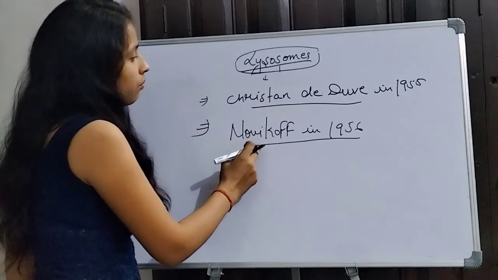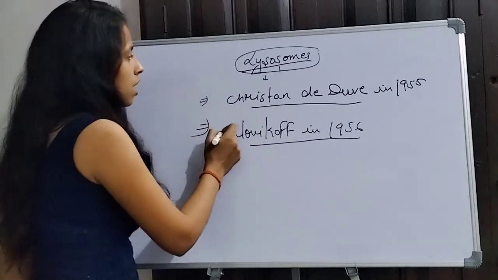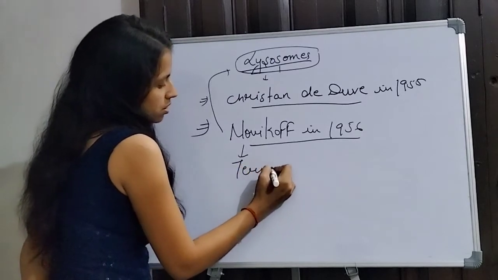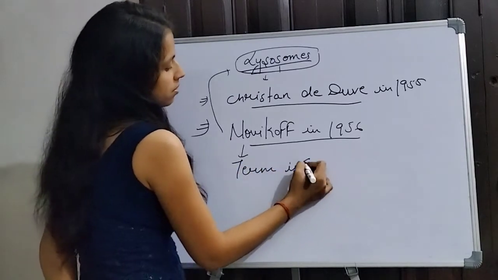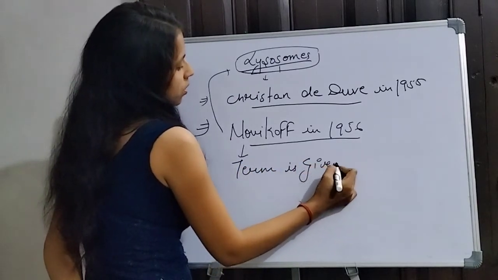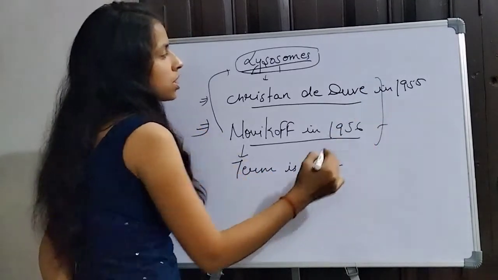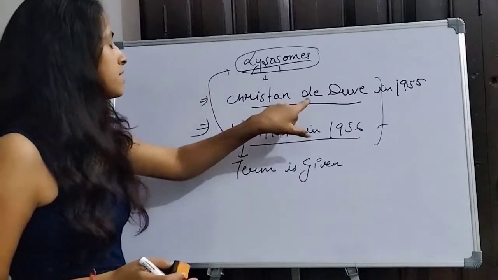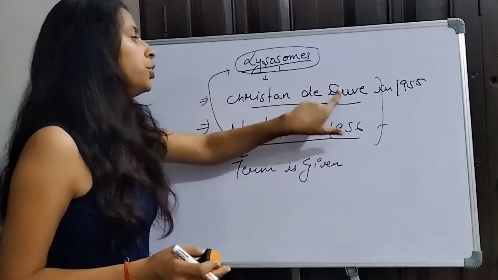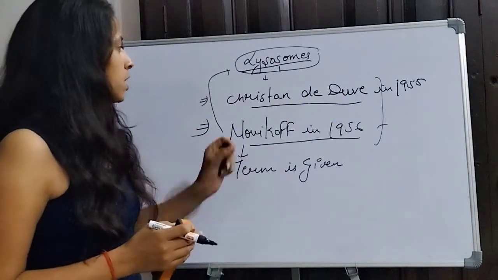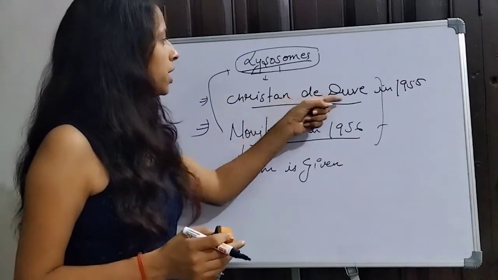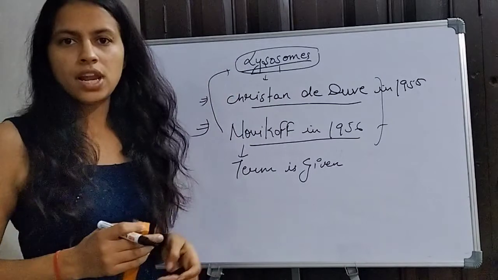He is the one who gave the term lysosomes. Okay, these are the two involved in its discovery. The most important point here is de Duve. In most of your exams, the options come in the form of the short form de Duve for the discovery of lysosomes.